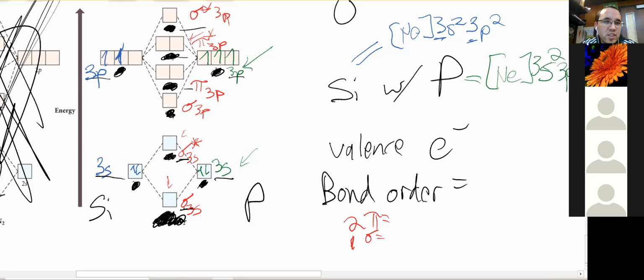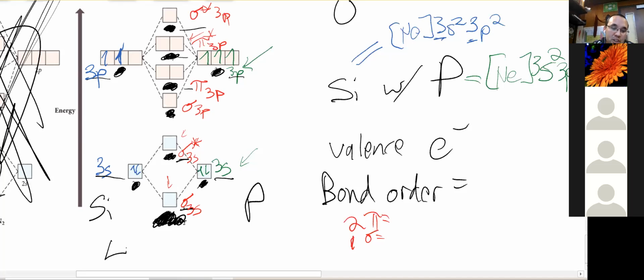So how many electrons do we need to plug into this middle part? Starting from the bottom. I think 5 more. So how many total electrons are going to be in this middle? 4.